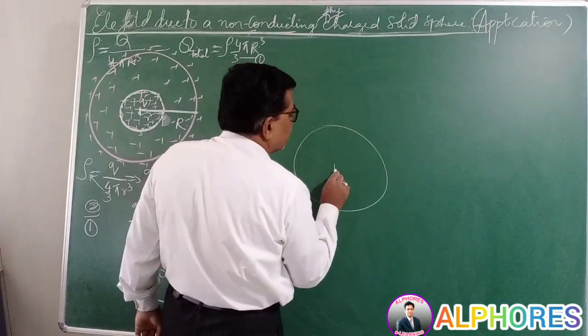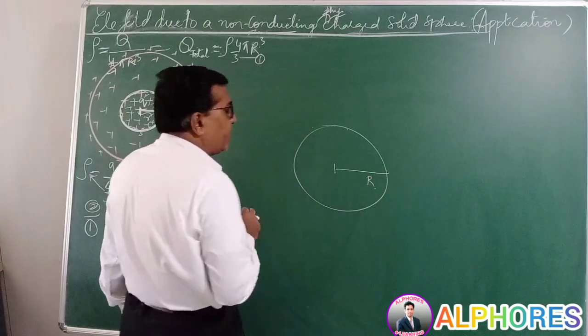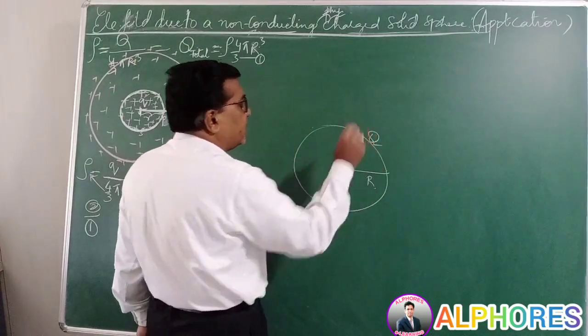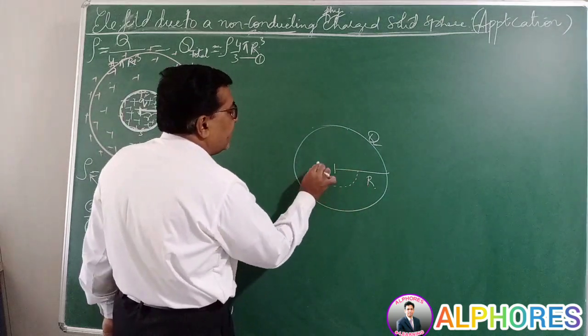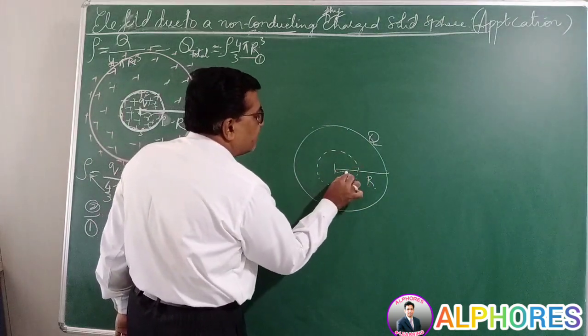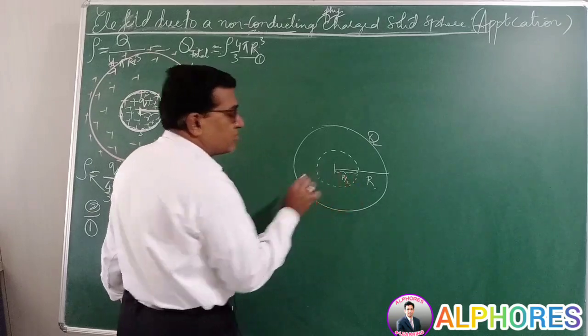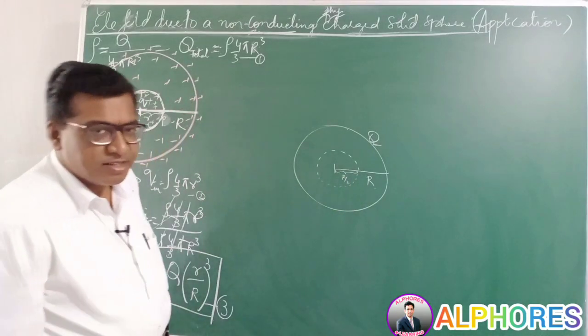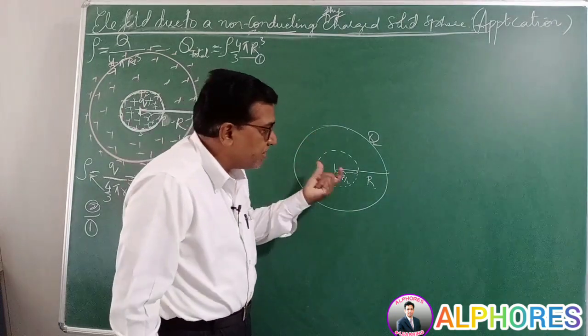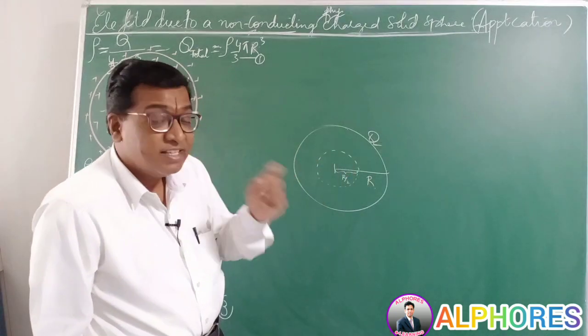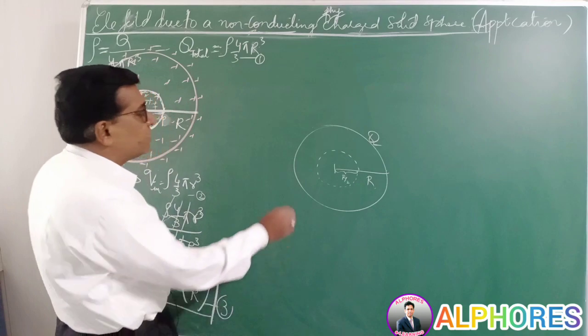He'll ask you a question like this. For a sphere of radius R, the total charge distributed is capital Q. Then what is the charge contained in a smaller sphere of radius R by 2? Suppose half the radius. Let the charge contained by the sphere of radius R by 2, half the radius inside the sphere, be q.